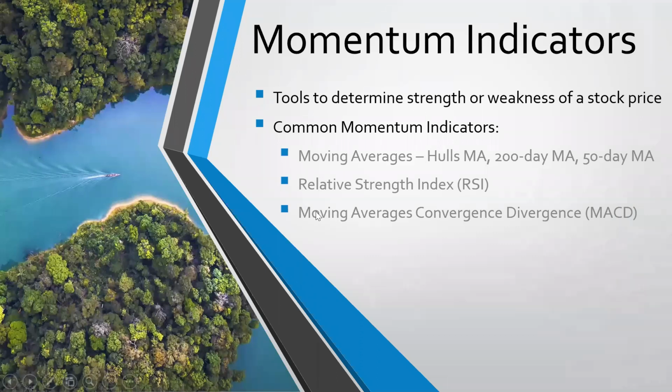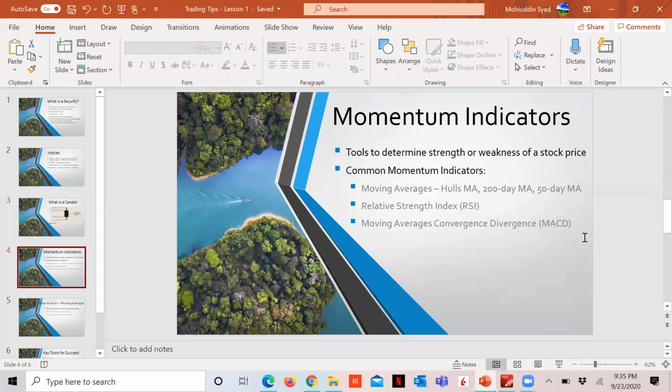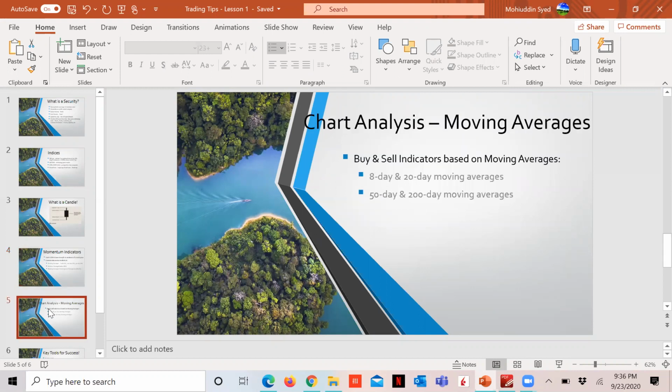And the last but not least, the one that I stick to is MACD, moving average convergence and divergence. Don't get caught up with the wording and the details here. We'll go practically on that. So let us just cover one moving average, and also I'll try to show the RSI.